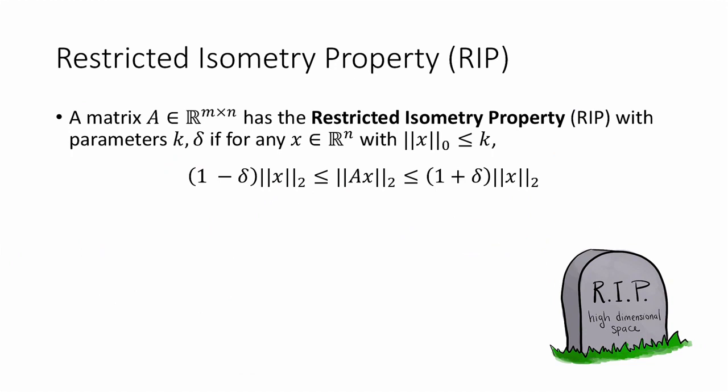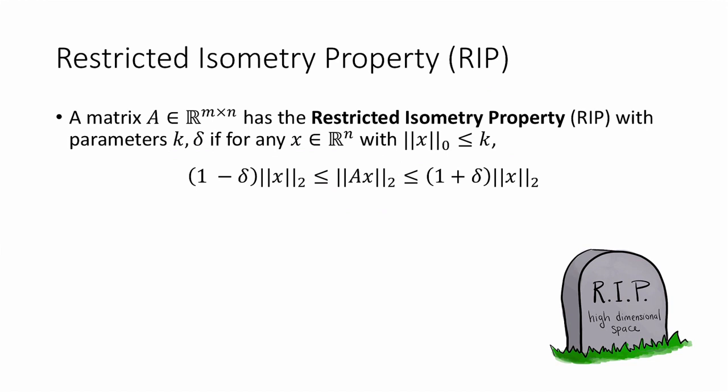More precisely, we'll look at something called the Restricted Isometry Property, or RIP. We say that a matrix A in R^(m by n) has the restricted isometry property with parameters k and delta if for any x in R^n, with sparsity at most k, the L2 norm of A times x is equal to the L2 norm of x times 1 plus or minus delta.